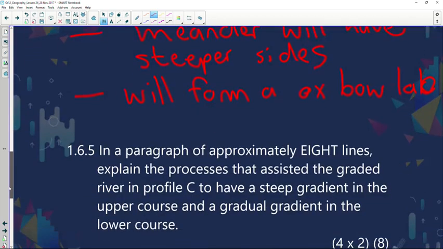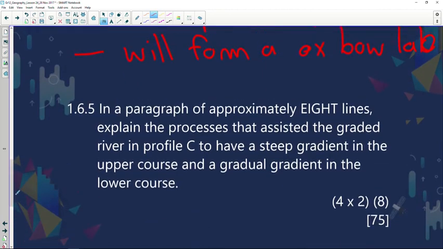Okay, now if you quickly look at the next question, 1.6.5, in a paragraph of approximately 8 lines, explain the process that assisted the graded profile in C to have a steep gradient in the upper course and a gradual gradient in the lower course.